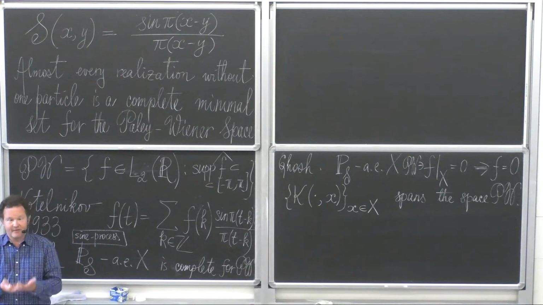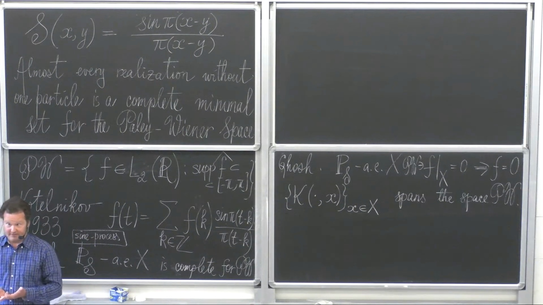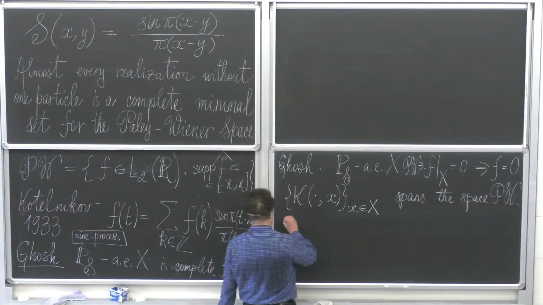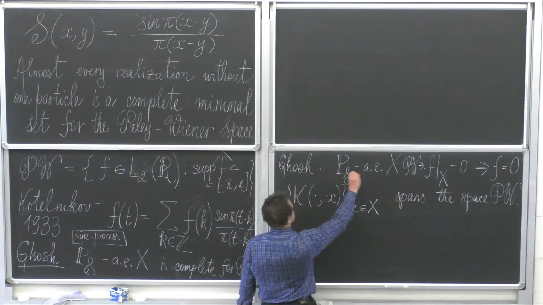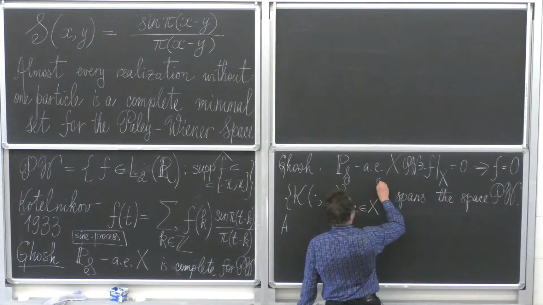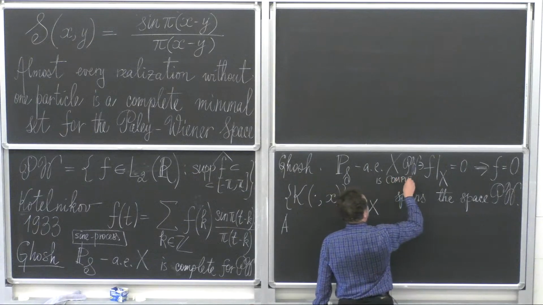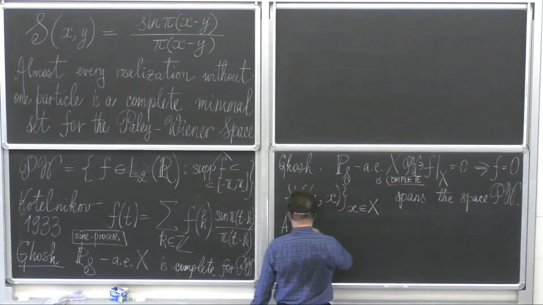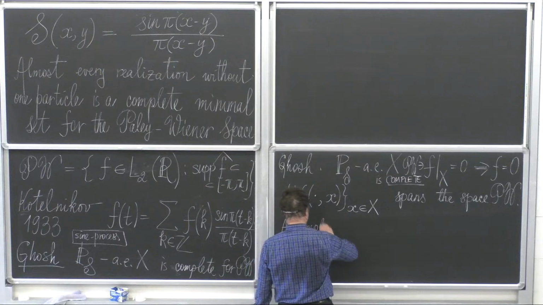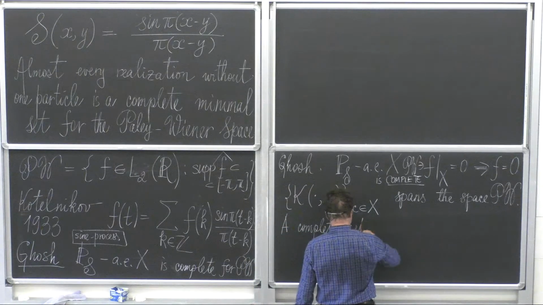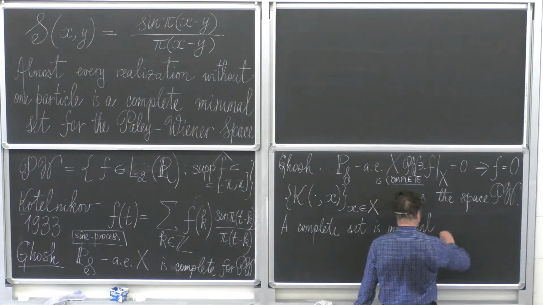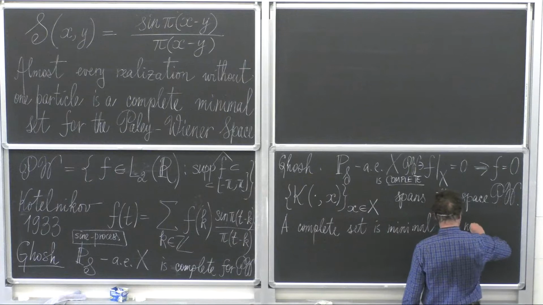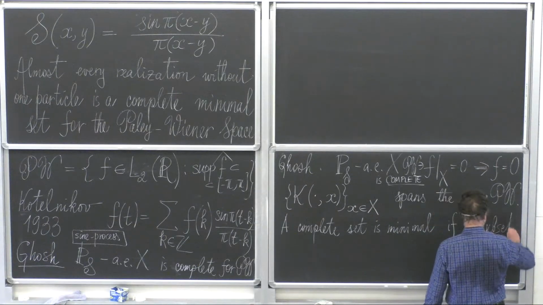A complete set is minimal if no subset of it is complete. So you remove one point and it is no longer complete.